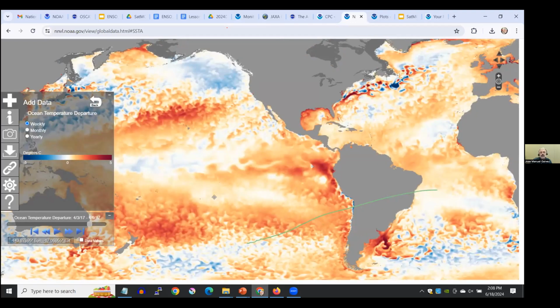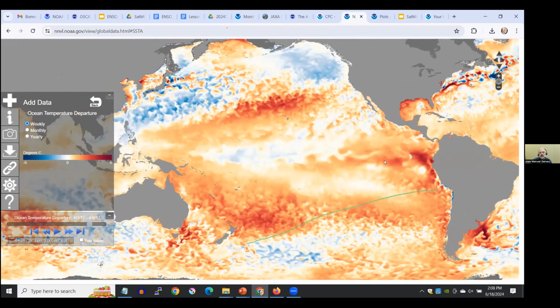But if you look, the warming is only along the South American coast, but it's not really over the central and western Pacific. So El Niño Costero is a warming that occurs only along the South American coast. Costero means coastal, as in coastal El Niño, and it warms up the region Niño 1+2.